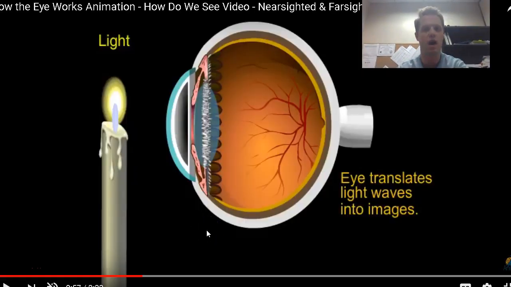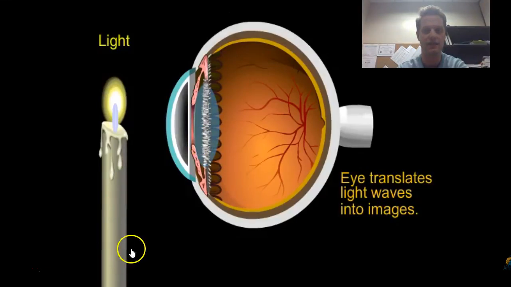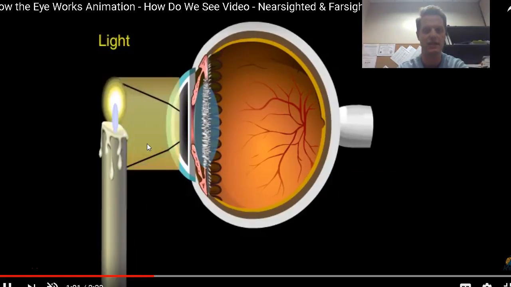So let's briefly talk about the eye. The eye is quite amazing, and if you look into the center of this image, you'll see that there's a lens inside your own eye. That lens actually bends light, and when it bends light, it flips the image upside down.